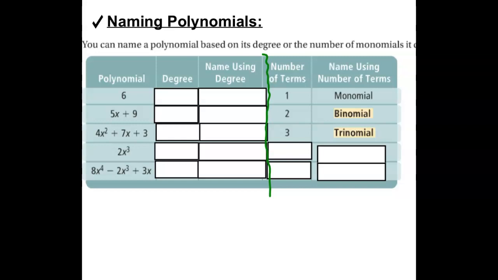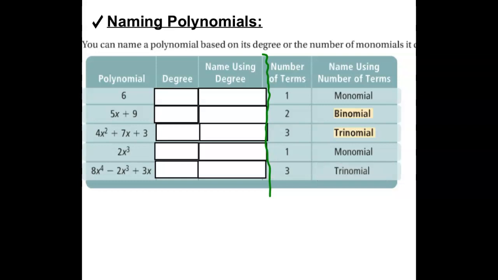How many terms in our next example? We're back to 1 term, so it's called a monomial. Our last example? How many terms? 3, so it is a trinomial. Okay? Anything more than that, if there's more than 3 terms, we just refer to it as a polynomial.